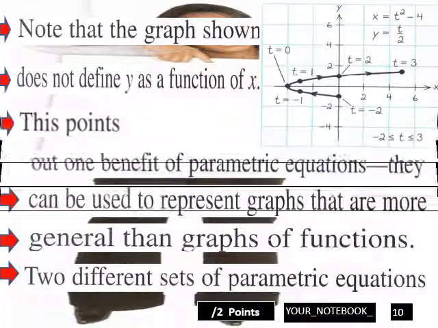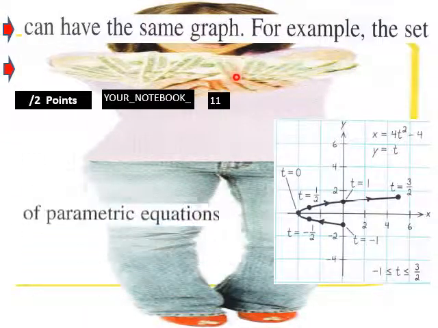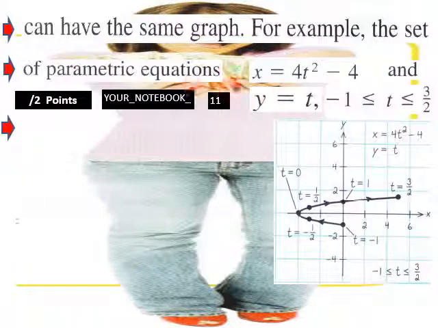Two different sets of equations can have the same graph. For example, the set of parametric equations x equals 4t squared minus 4 and y equals t, -1 less than or equal to t less than or equal to 3 over 2, could describe that.